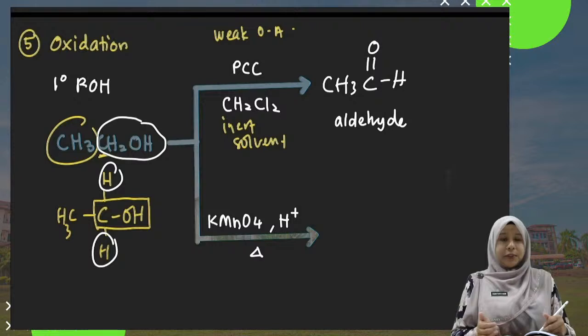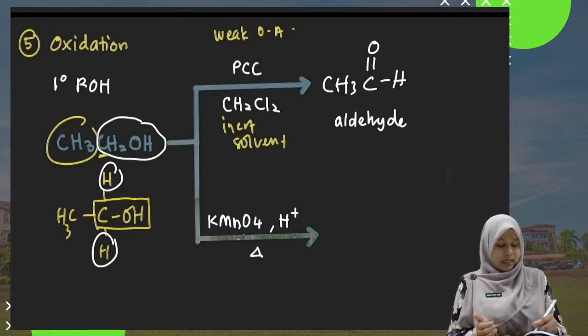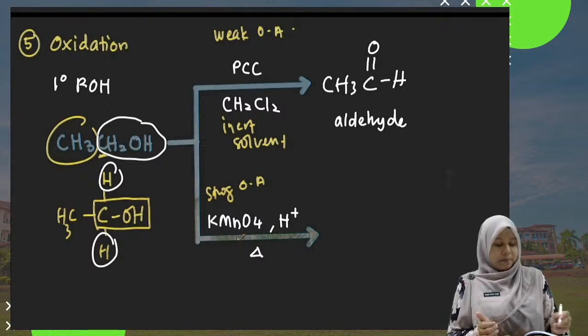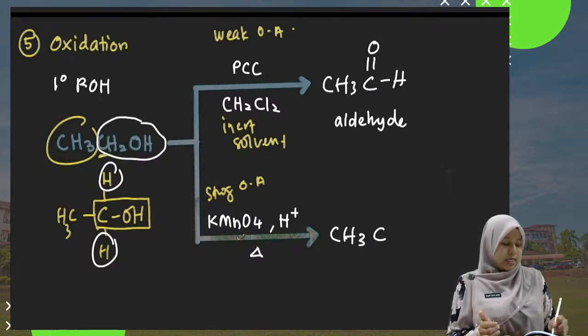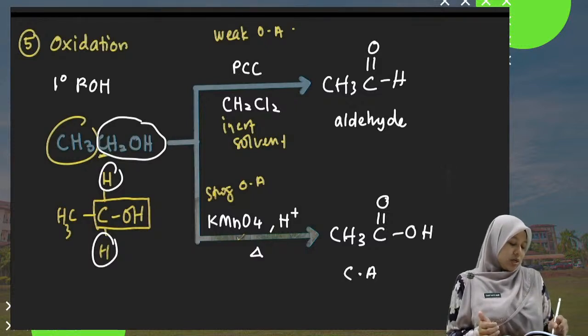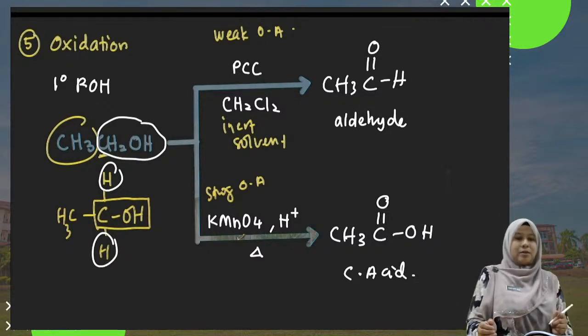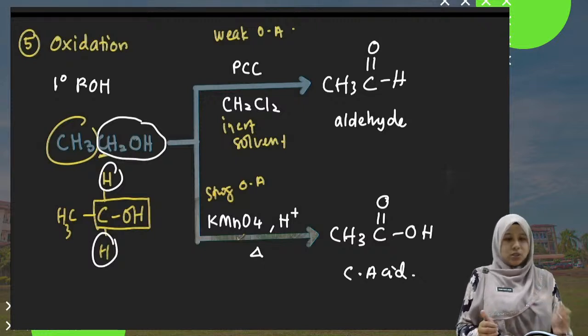Tapi kalau dia guna potasium permanganat, macam kat bawah ni, yang ni adalah strong oxidizing agent. So produk yang dia akan dapat adalah CH3C. Okay, CH2OH ni dia akan jadi C double bond O, OH. Dia akan dapat formation of carboxylic acid. Okay, tu beza antara weak dengan strong.